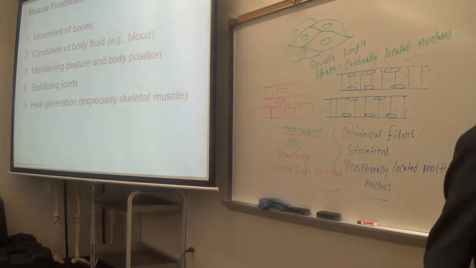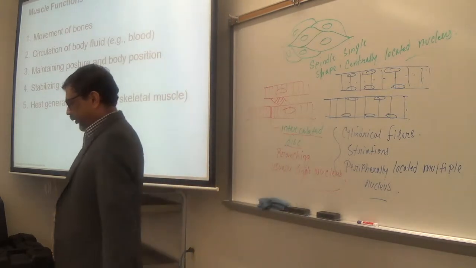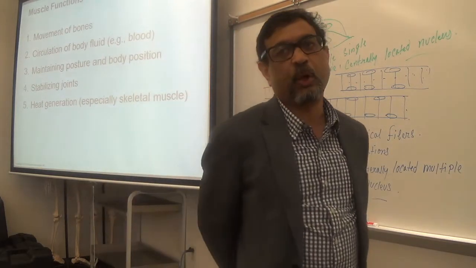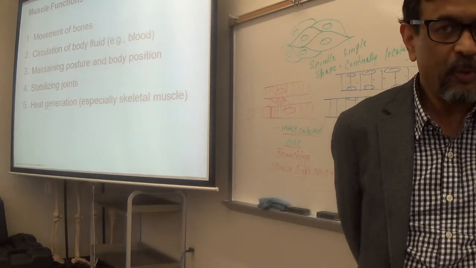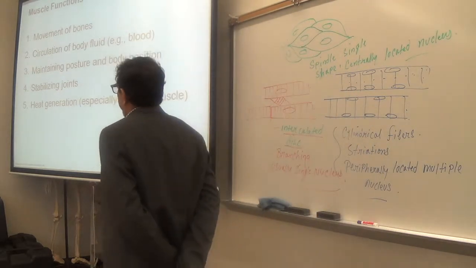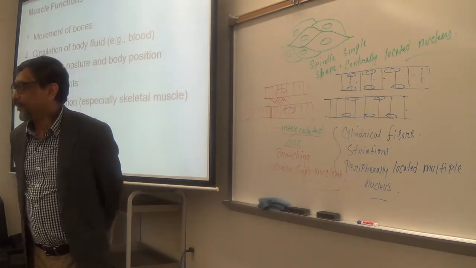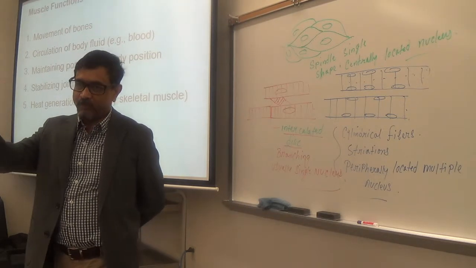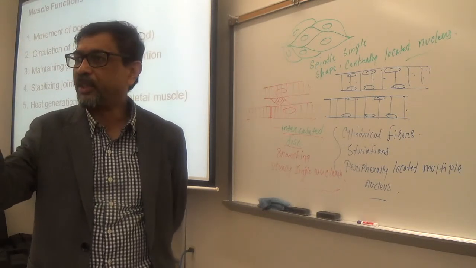Functions. Of course, movement is number one. We move the bones at the joints with the help of the muscles. Without muscles, you won't be able to move the bones, right? So, locomotion. Circulation of body fluid. The muscle in the heart, cardiac muscle, pumps the blood by contraction and relaxation.